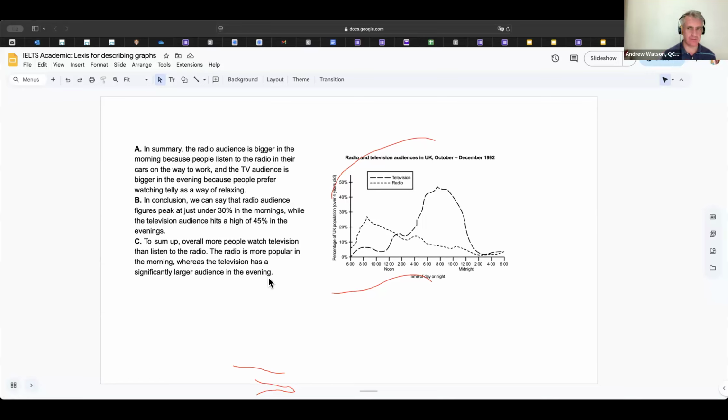So, any suggestions? You could put your answer in chat. Grace has put C in chat, as has Patricia and Arnold. Why? I agree, it is actually C, but why?